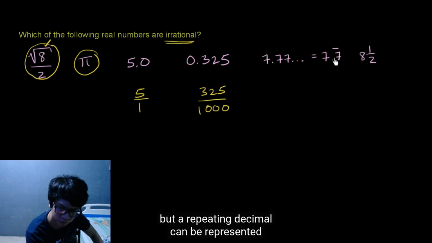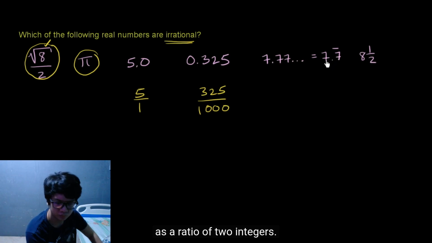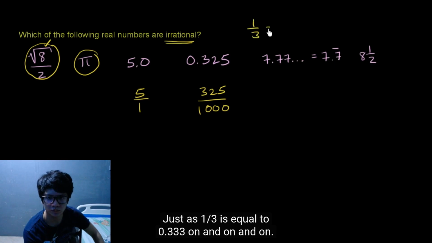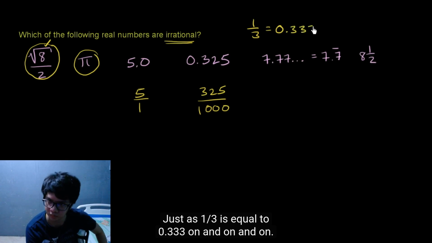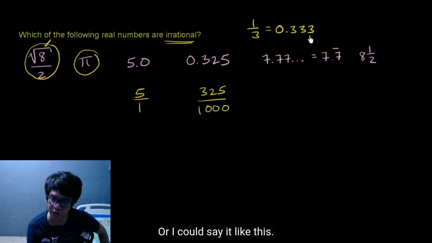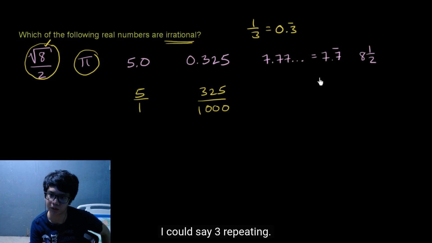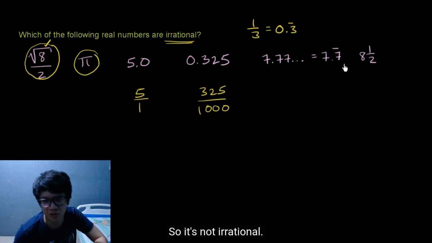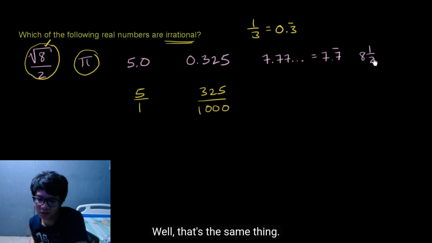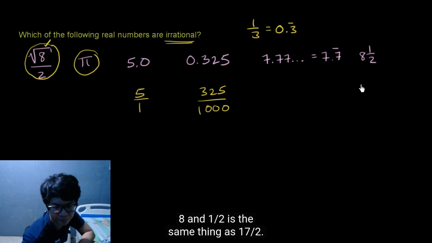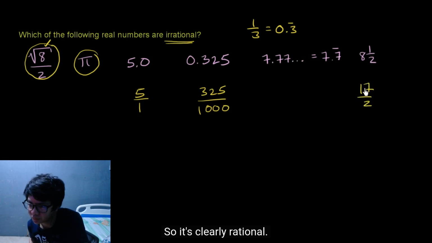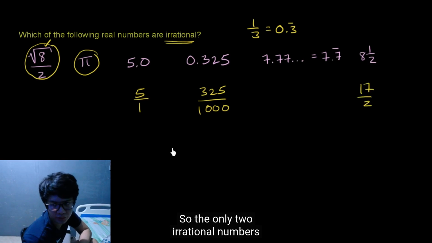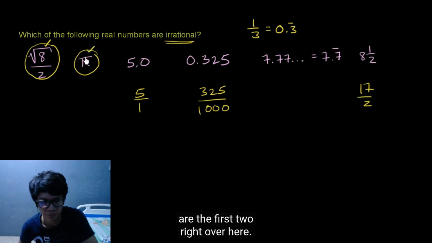But a repeating decimal can be represented as a ratio of two integers, just as 1/3 is equal to 0.333, on and on and on, or I could say 3 repeating. We can also do the same thing for that. I won't do it here, but this is rational, so it's not irrational. 8 1/2. Well, that's the same thing as 17 halves, so it's clearly rational. So the only two irrational numbers are the first two right over here.